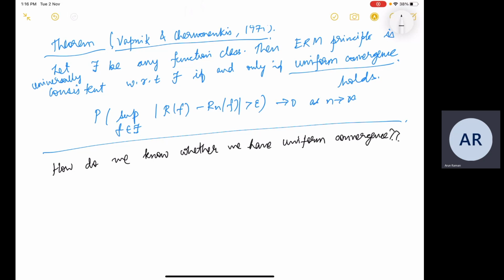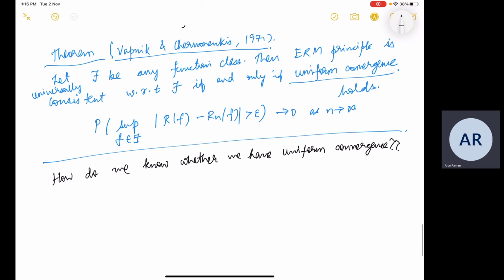Given a function class F, how do we test if we have uniform convergence or not? This is an important question that we want to address, because we have a necessary and sufficient condition, but that condition is not of any use if we cannot test it.